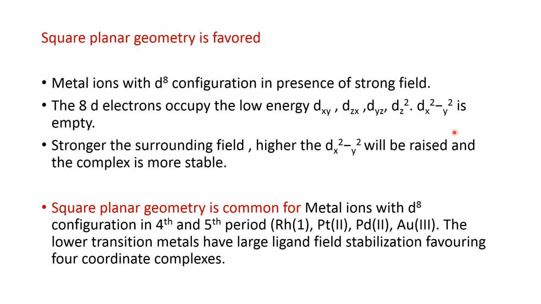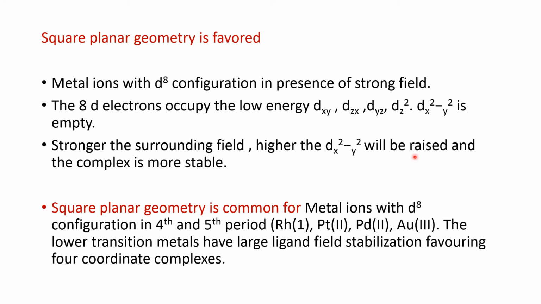Each and every orbital can accommodate 2 electrons. Since there are 8 d electrons, it is a 3d8 system, so 4 orbitals will fill completely. The dx square minus y square orbital is empty. So the stronger the surrounding field, the higher the dx square minus y square will be raised and the more stable the complex is.